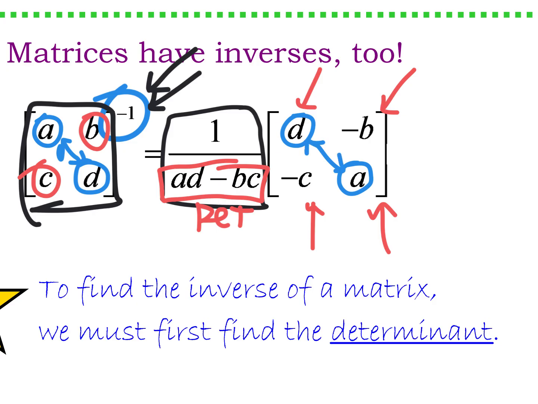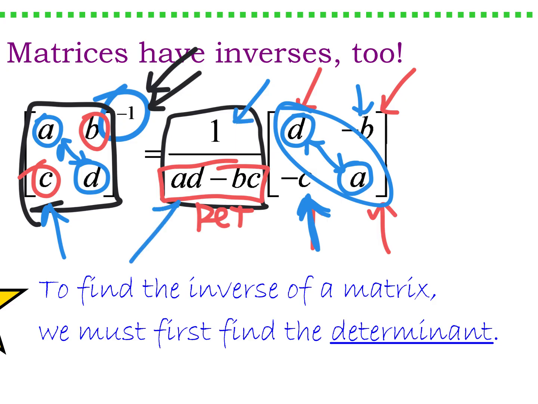And then B stays there but becomes negative, and C stays here, was here before, right? And it just becomes negative. So those two become negativized, you make them the opposite of what they are. And these two switch places. And then you times by 1 over this thing. Whew, intense.